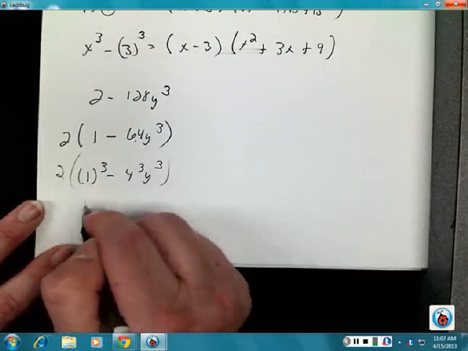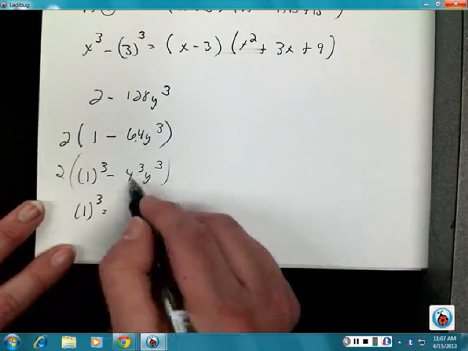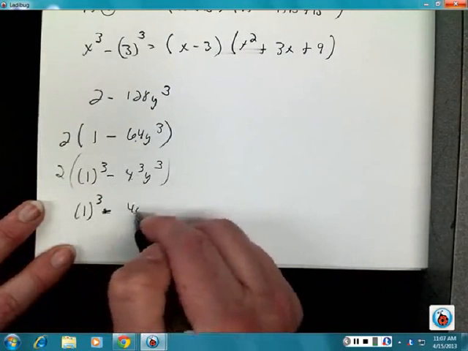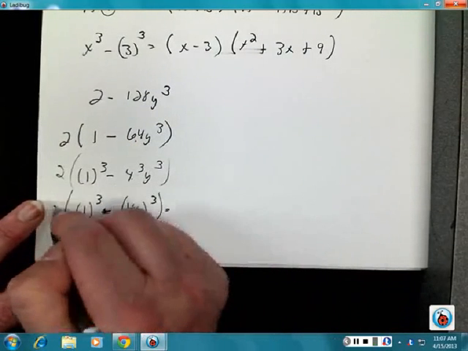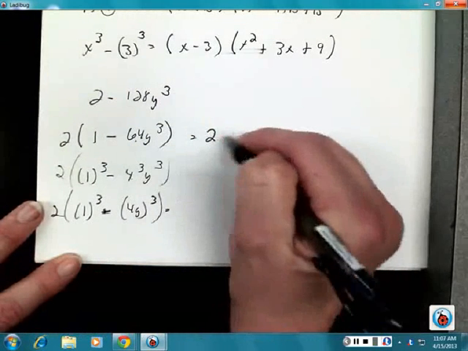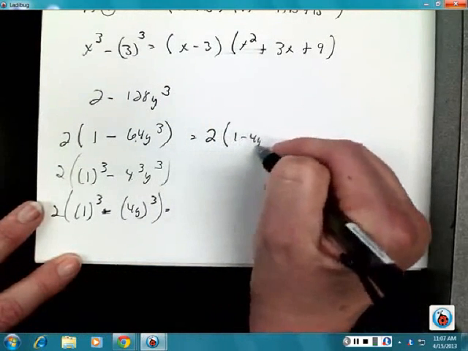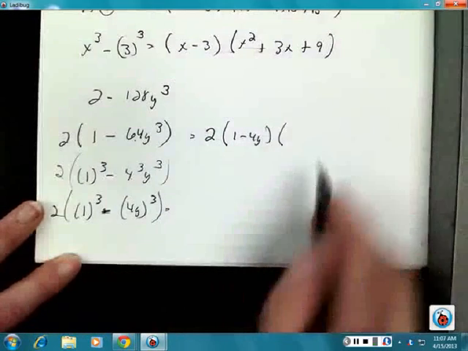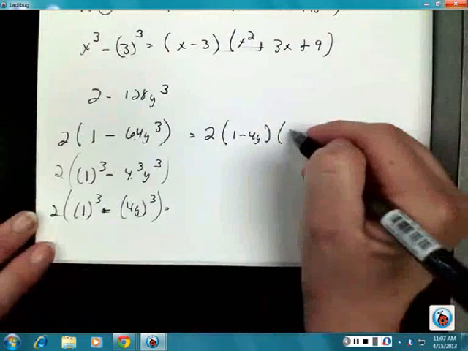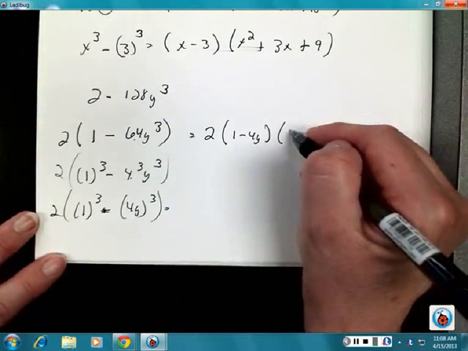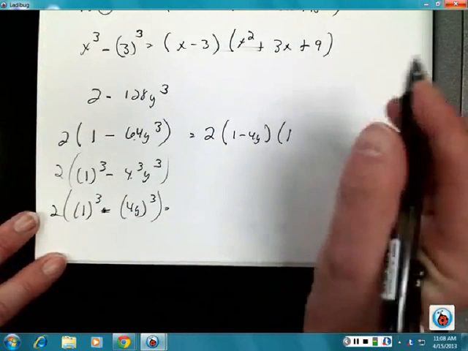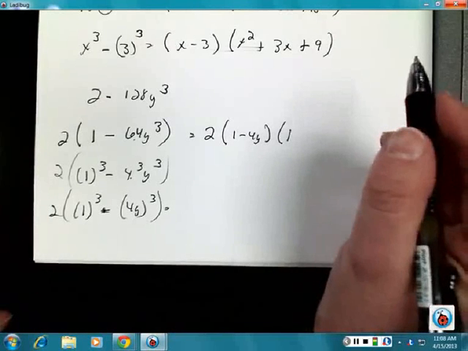So my base is 1 for a. My base for b is 4y. So it'd be 1 minus 4y, and then you want 1 squared. What's 1 squared? 1. Easy one.